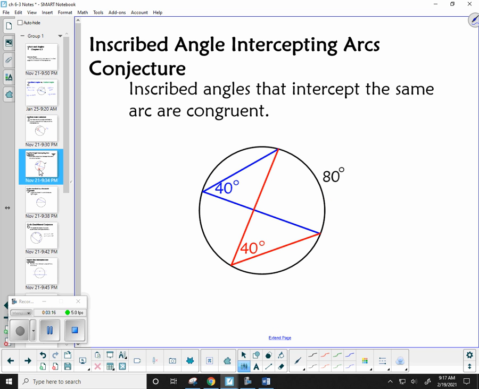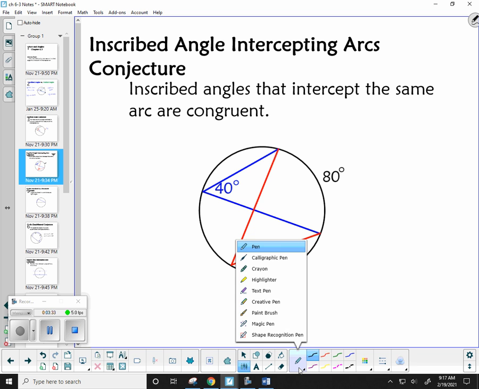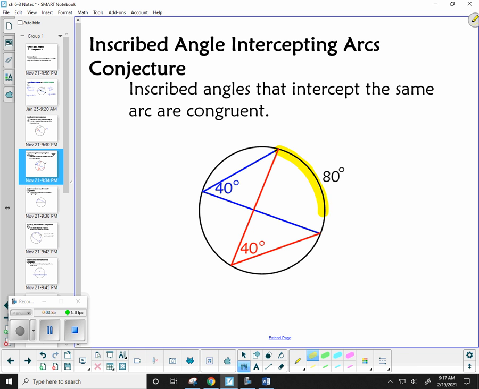Okay, so the next thing is, if you have two inscribed angles that open up to the same arc, then the inscribed angles have to be congruent. So we have this blue angle here that opens up to this 80-degree arc, right? This red angle also opens up to this 80-degree arc.